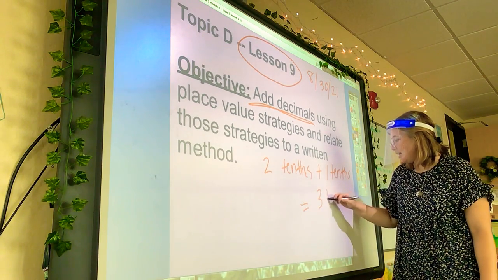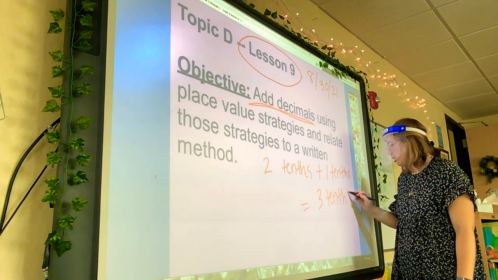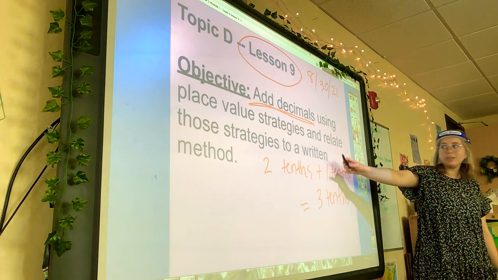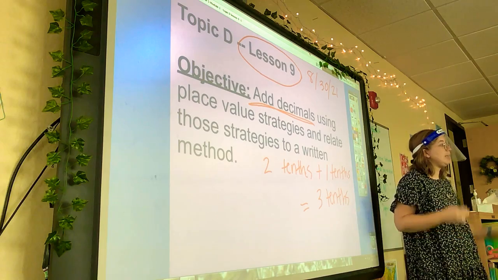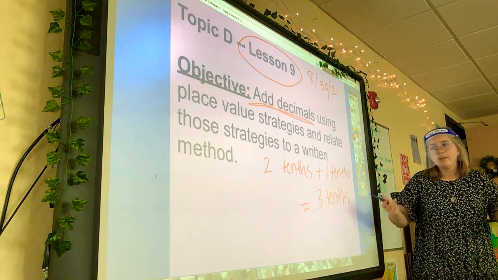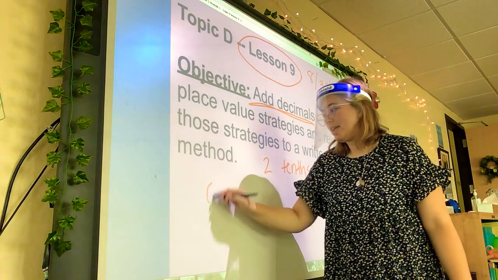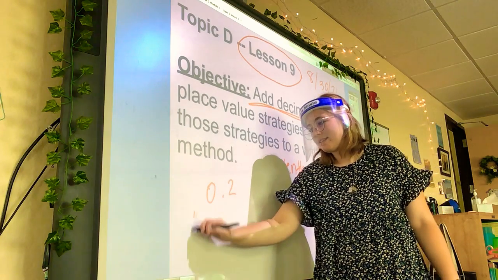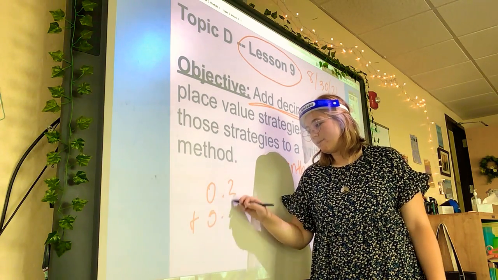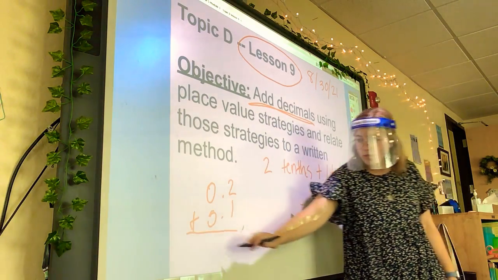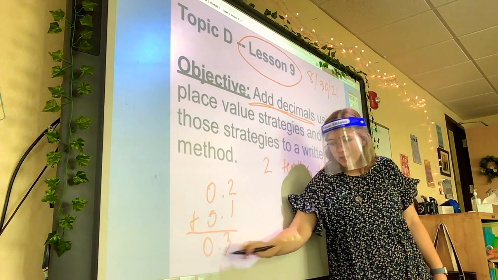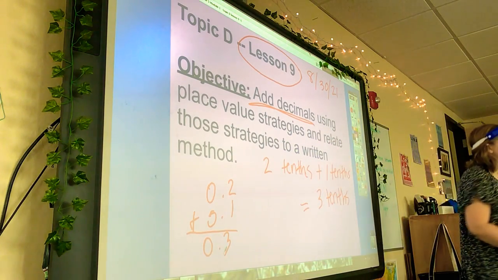So we're going to look at it that way. But then also when it says relating it to a written method, we're going to do the standard algorithm, okay? So that looks like 2/10 plus 1/10, which equals 3/10, okay? So that's kind of what we're looking at today.